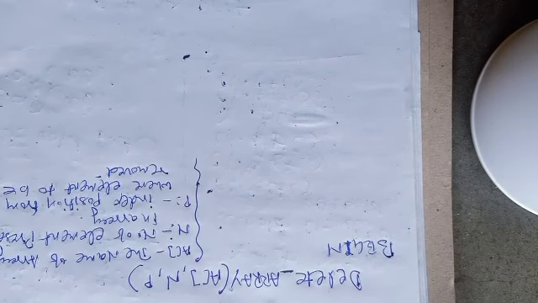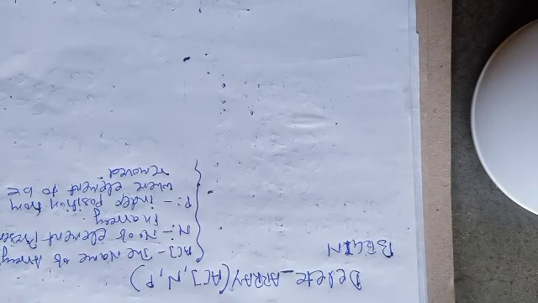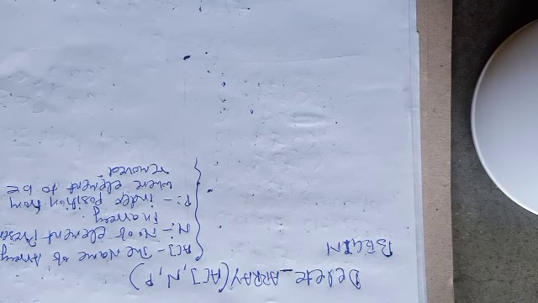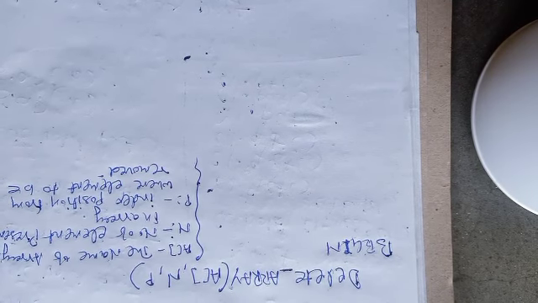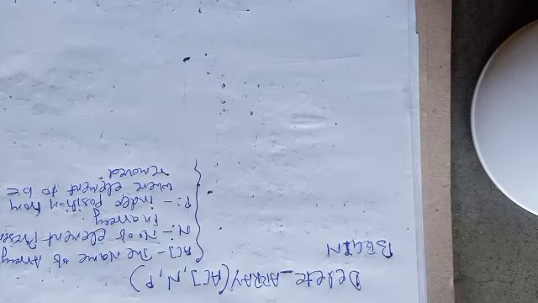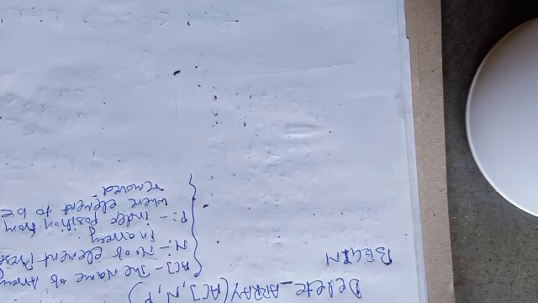Valid position means, if we have 5 elements, then their indices will be 1, 2, 3, 4 and 5. If the position P is 6, 7, 8, 9 and so on, then that is an invalid position and my deletion will fail, because deletion will be possible only when the index position is between 1 and n, since within that range our elements are present.